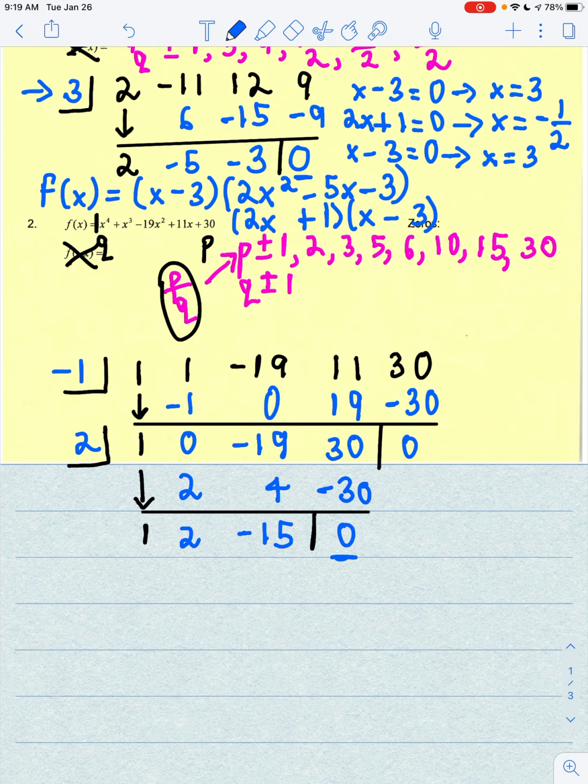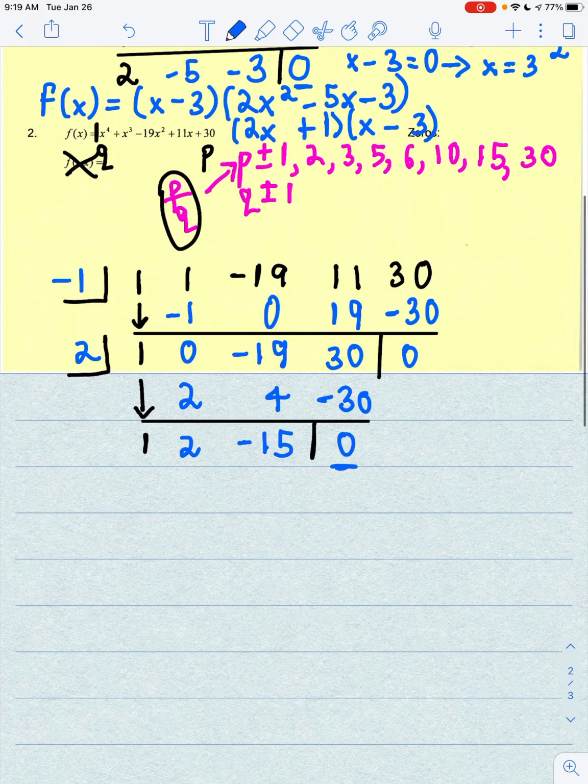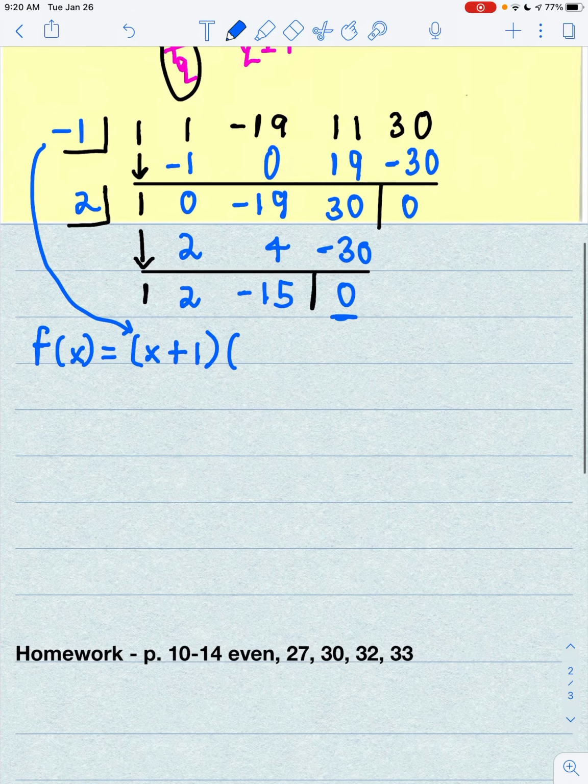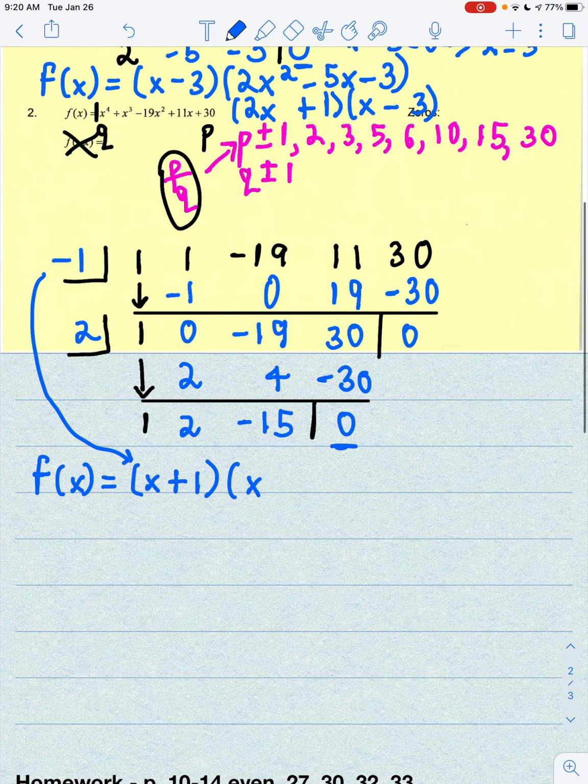So now I'm actually going to write my polynomial. So f of x, I know, has to equal x plus 1. That comes from the first root that worked. Then x minus 2, that comes from that root.